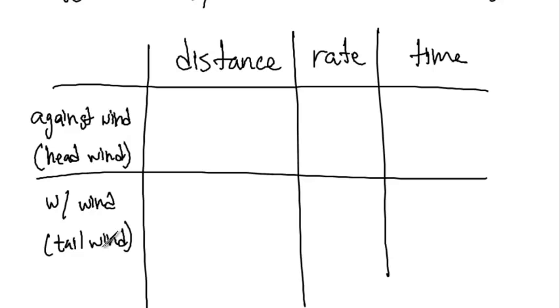Without any wind, so in still air, the airplane flies at 200 miles per hour. So now we should be able to fill out this block of the rate against the wind. So if it flies 200 miles per hour in still air, or with no wind, against the wind, we're going to subtract the speed of the wind, which we're calling w. And if we're going with the wind, then it's going to be 200 plus w.